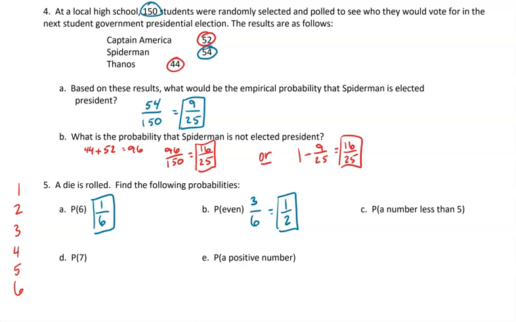All right, next, a number less than 5. So still 6 total possibilities. If we want less than 5, then that would be 1, 2, 3, and 4, which is 4 total possibilities, which gives us a probability of 2/3.